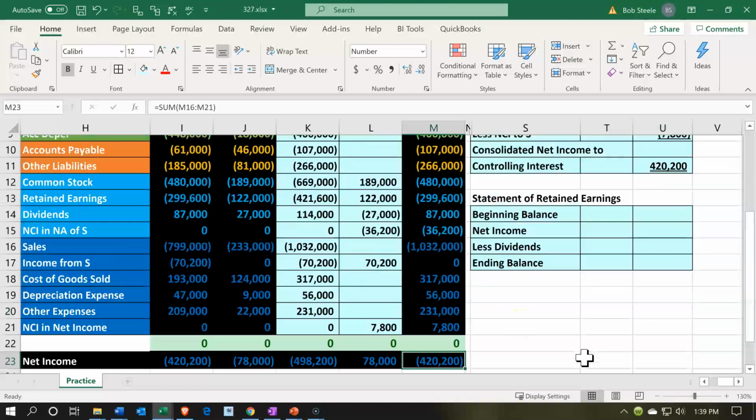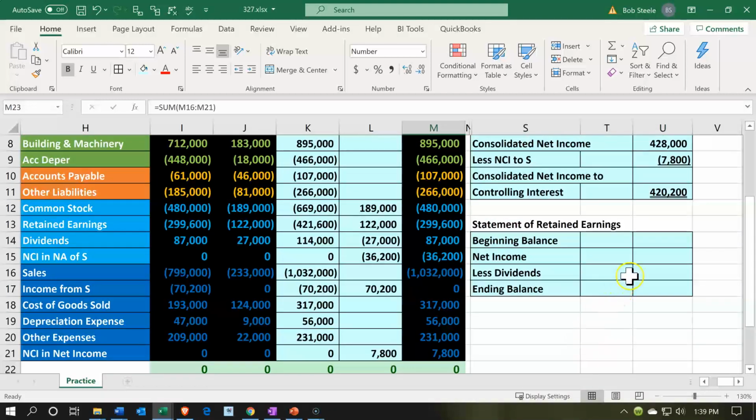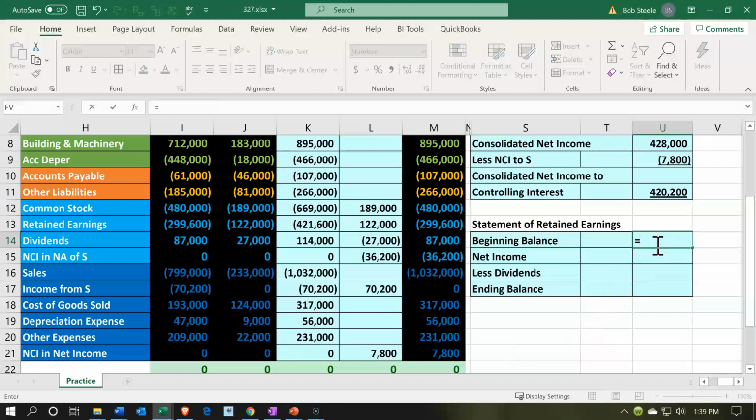Now I'm just going to do a quick worksheet to get to the retained earnings. For the total retained earnings, the beginning retained earnings is going to be that 299.6. Then we had the net income. I'm going to pick up the net income, that 420,200, less the dividends.